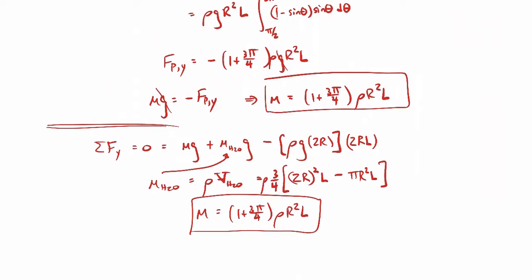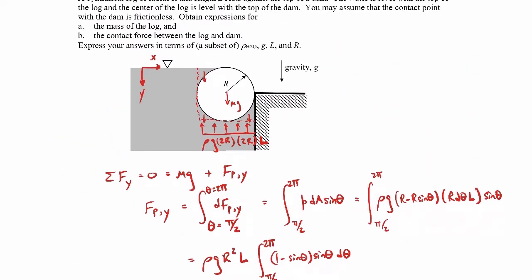Here, all we did in the second approach is we took a system that looks like a cube, and we balanced forces. We took the weight of the log and the weight of the water, which is the volume of this cube minus the volume of the log, and we only took 3/4 of it, because this part is just air.